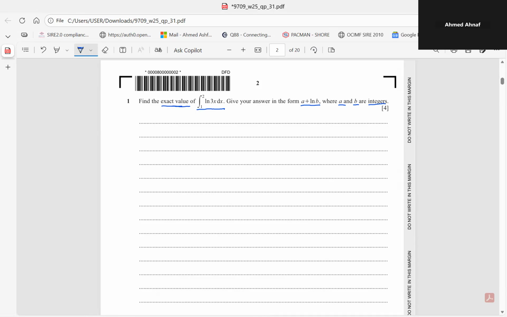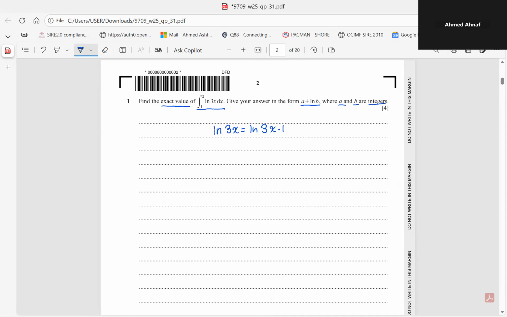To integrate ln functions, since we don't know a direct formula, we can think of ln 3x as ln 3x times 1. Now instead of just integrating ln 3x, we're going to integrate ln 3x times 1.